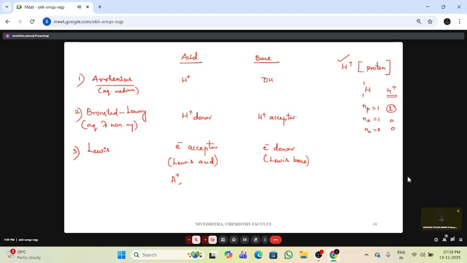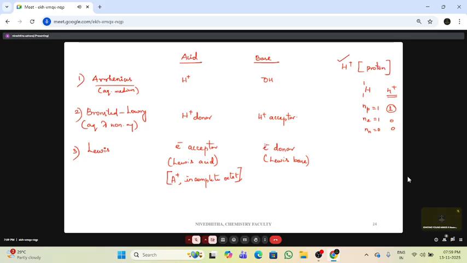So a compound with incomplete octet will also act as a Lewis acid. Incomplete octet. How about electron donors? How will electron donors be?